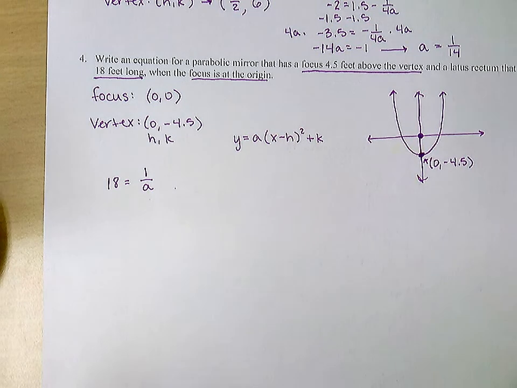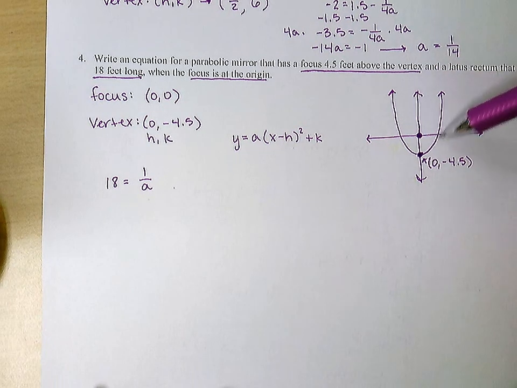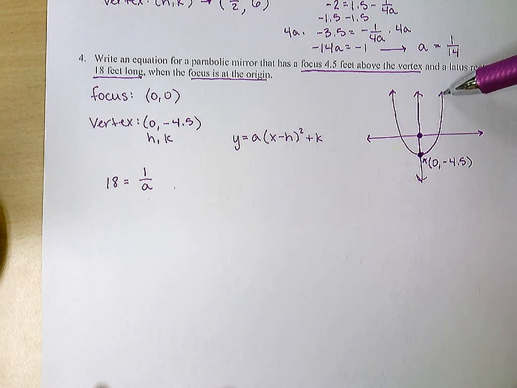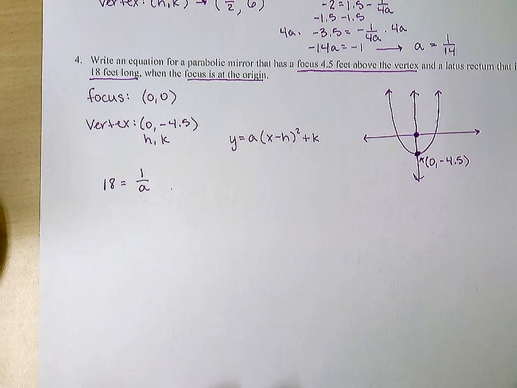It's going to be positive because my parabola is going up. If your parabola was going down, then it'd be negative.